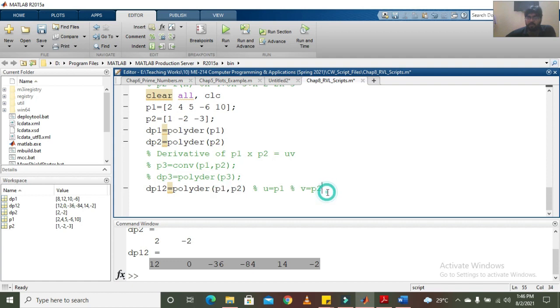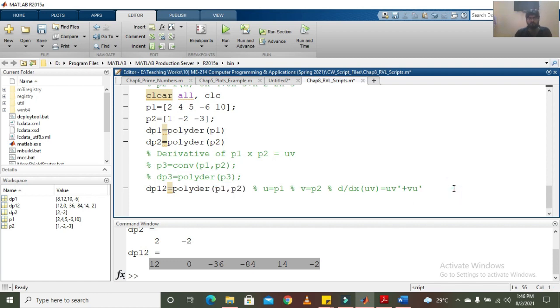So it will calculate the same thing which you have studied in intermediate level, which was the derivative of uv, and it will be u times the derivative of v plus v times the derivative of u. So this is what has happened by using this function, by defining two polynomials inside the polyder function.